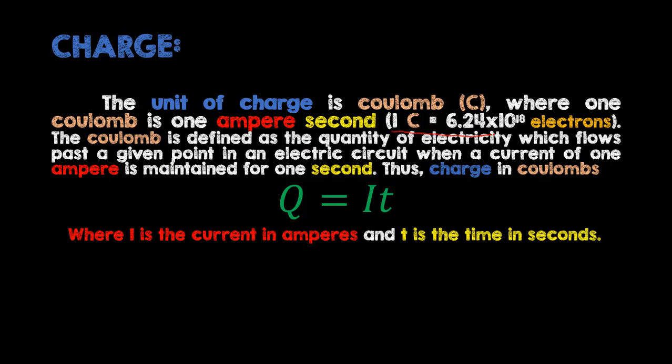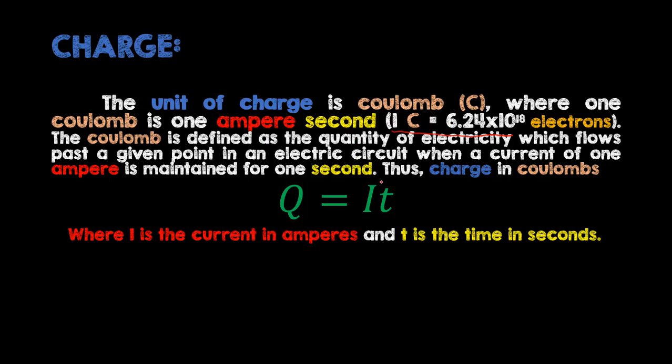This one. 1 C is equals to 6.24 times 10 raised to 18 electrons. So the coulomb is defined as the quantity of electricity which flows past a given point in an electric circuit when a current of 1 ampere is maintained for 1 second. Thus, charge is in coulombs.